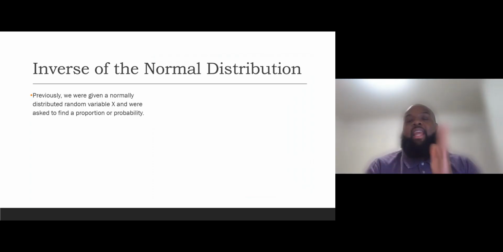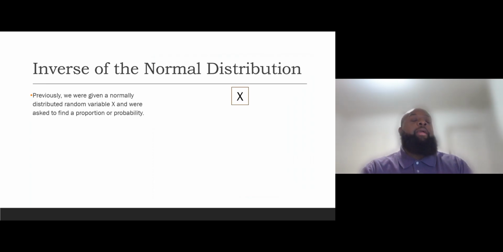We were given the mean and the standard deviation, and we were asked to find the proportion of observations that cover a range of values, or the probability that a variable would be within a certain range of values, right? And so what we did is we started with one of the endpoints of the interval that we were given, right?